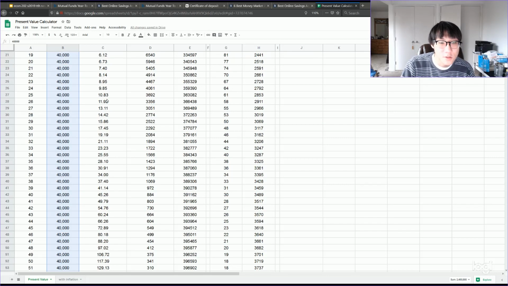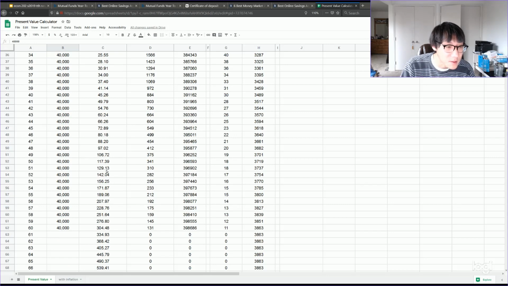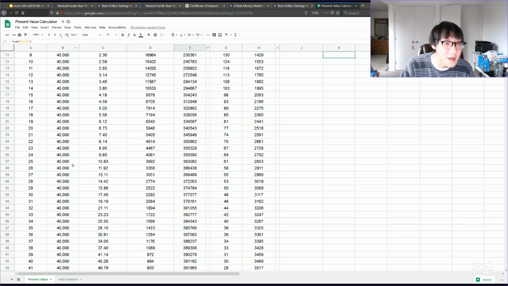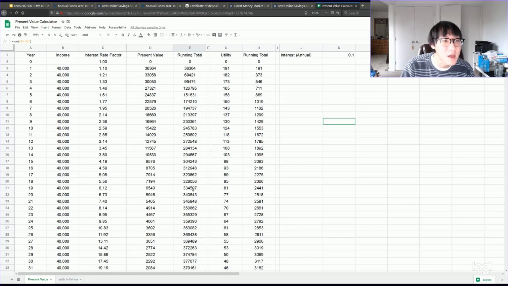So we have these constant $40,000 payments, and you can see the present value is diminishing rapidly, like it typically does. Here's my total present value from this entire income stream, and that is close to $400,000. So keep that number in mind.